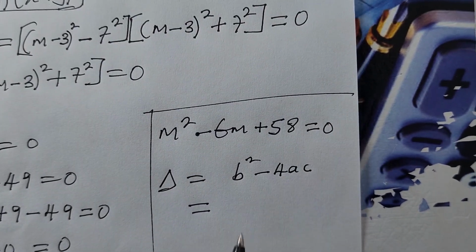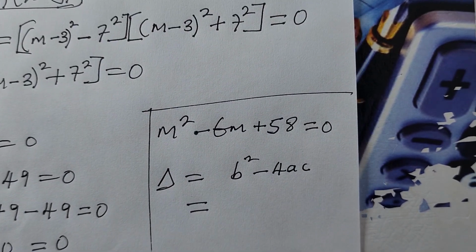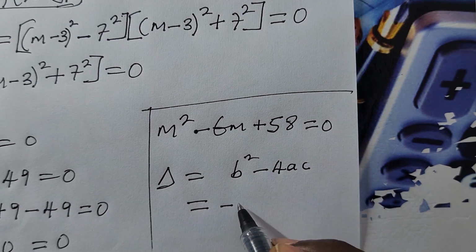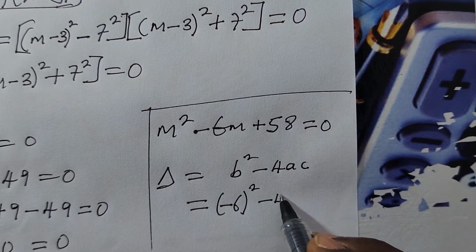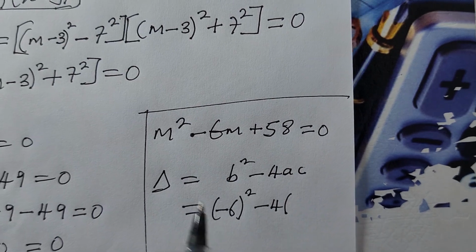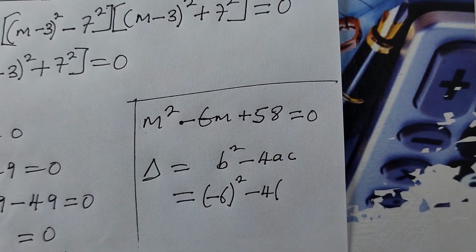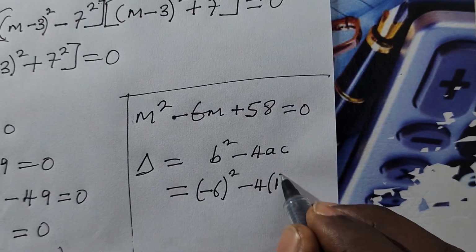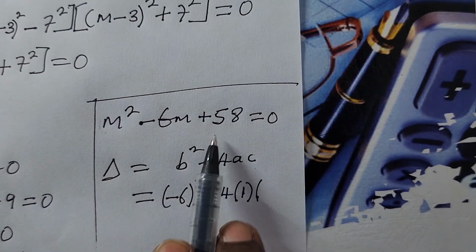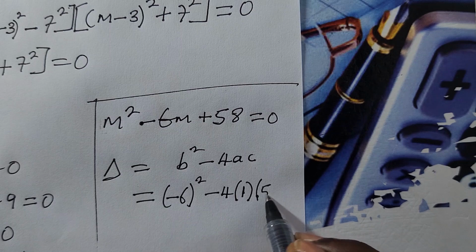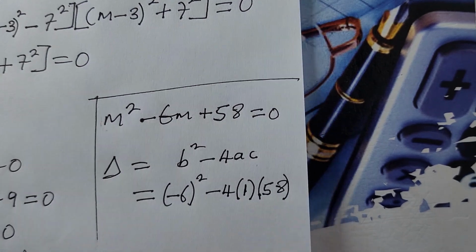So from here, what is our b? Our b is minus 6. So I have here minus 6 all to the power of 2, minus 4 into a, which is the coefficient of m squared, which is 1, bracket. What is c? c is the constant term, which is 58, close bracket.